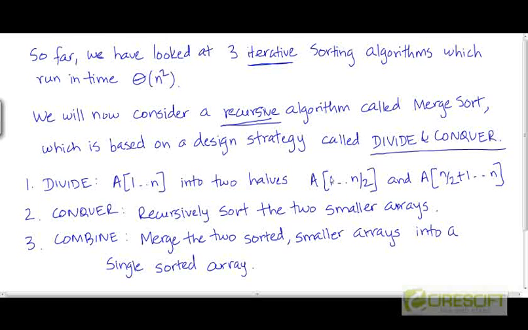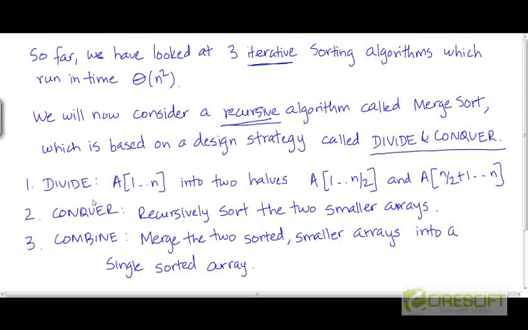The indices of the first half span from 1 to n by 2, and the indices of the second half span from n by 2 plus 1 to n. We're going to make a convenient assumption here that n is a power of 2. That will help us do the calculations much more easily. So in this particular step, we are going to have equal size subproblems because n by 2 is going to be an integer.